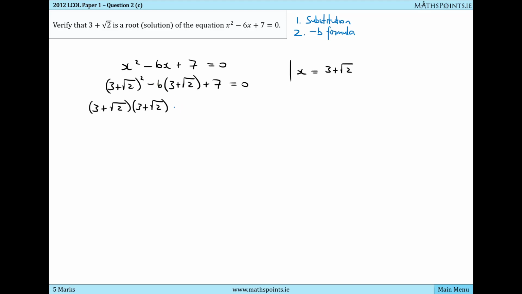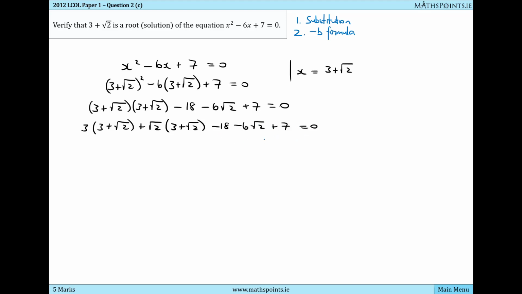So 6 by 3 is 18. And then minus 6 times root 2 is just minus 6 root 2. And then we have the 7 equals 0. To expand these brackets, we're going to multiply 3 on 3 plus root 2 plus root 2 on 3 plus root 2. Then we have the minus 18 minus 6 root 2 plus 7 equals 0.